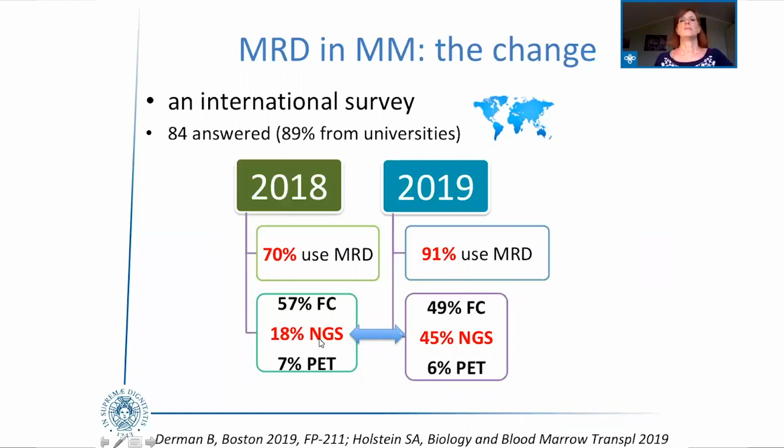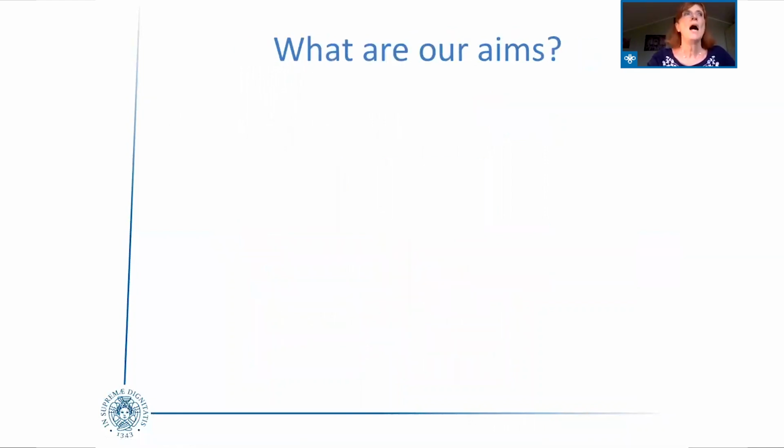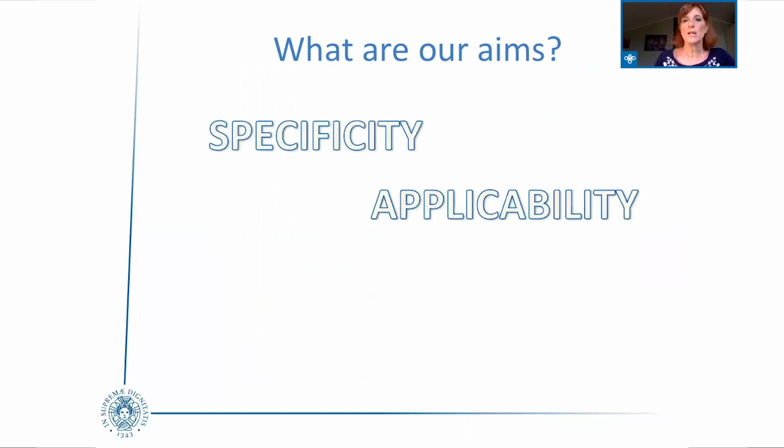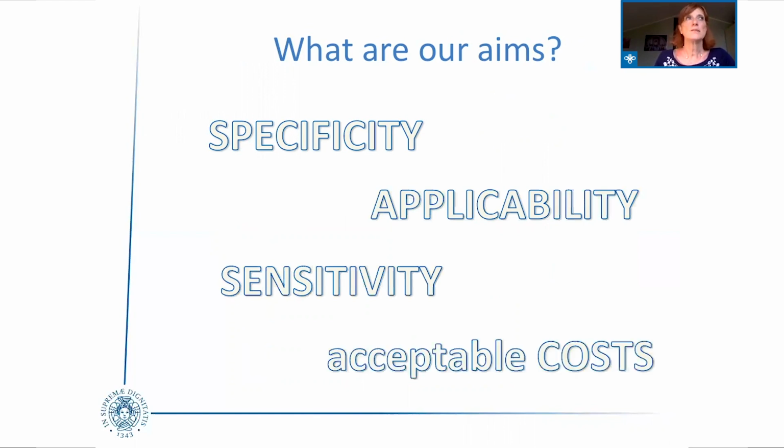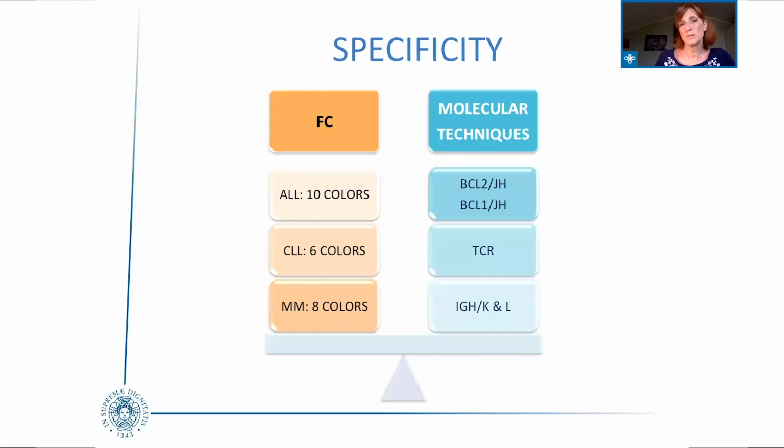Why this success of NGS? I think because NGS has got all characteristics that we want to have when we assess MRD. NGS is specific, NGS is applicable, NGS is sensitive, and NGS today has got acceptable costs.